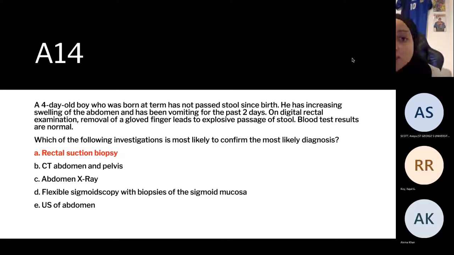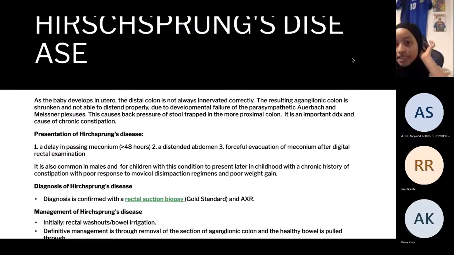Essentially, when a baby develops in utero, sometimes the distal colon isn't innervated correctly, and it results in this aganglionic colon, which is shrunken and isn't able to distend properly. That is a developmental failure of the Auerbach and mesenteric plexuses.